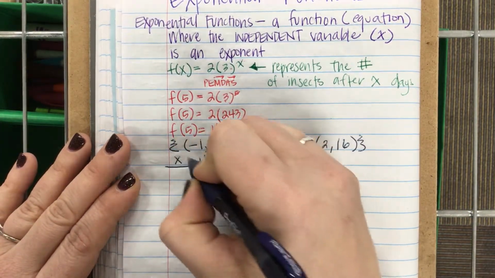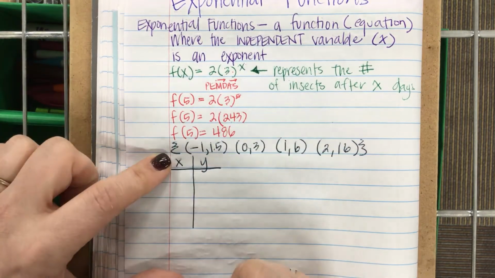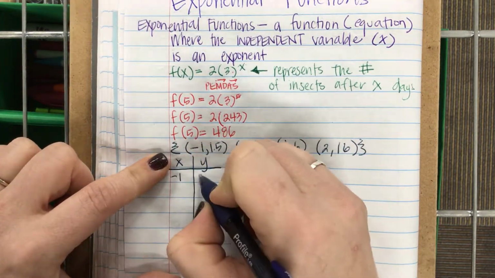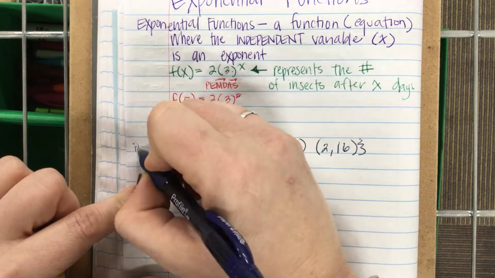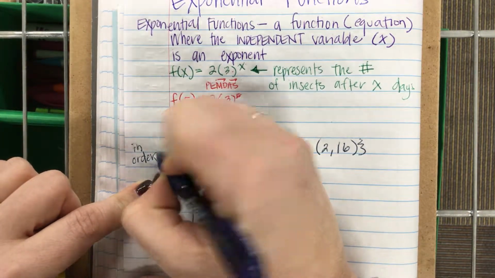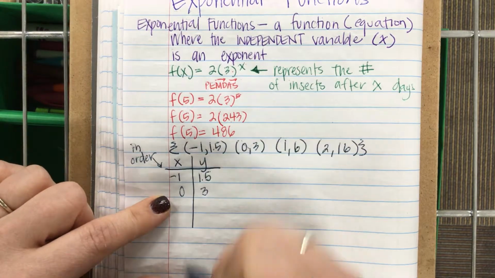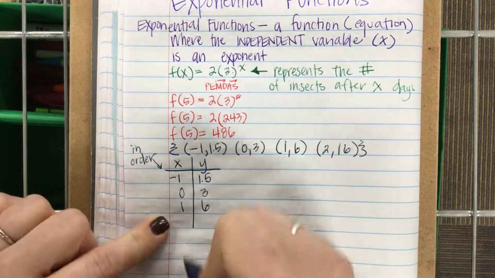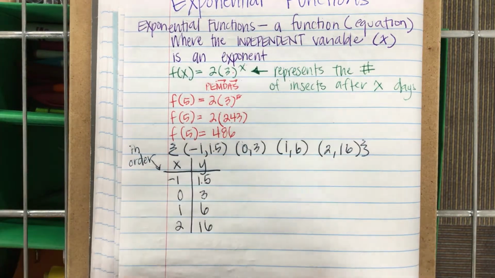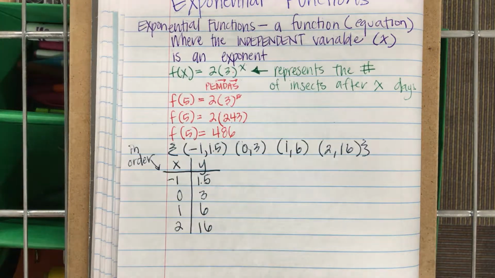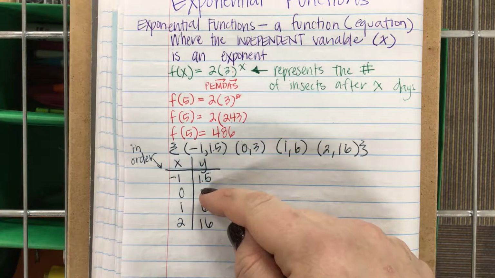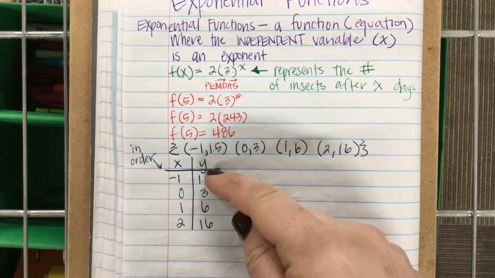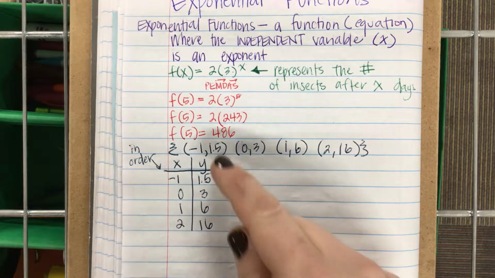Right, our domains and our ranges. Domains are your x values, so negative 1, 1.5. Remember to put your x values in order. Then 0, 3, 1, 6, and 2, 16. So we look to see if it's linear, right? If it's linear, we look to see is there a common addition or subtraction in our y values.